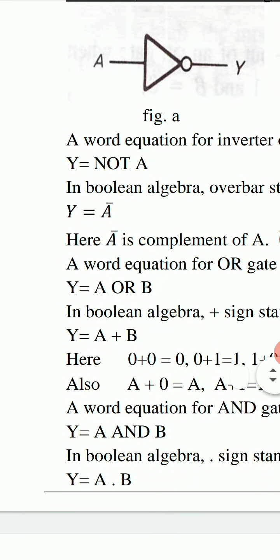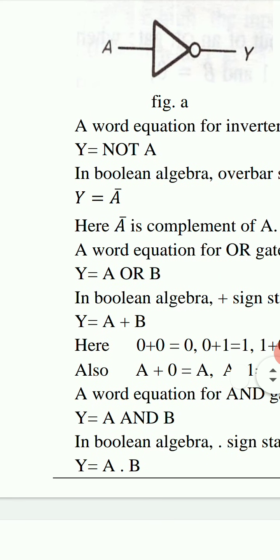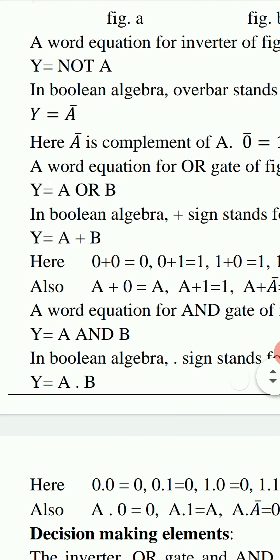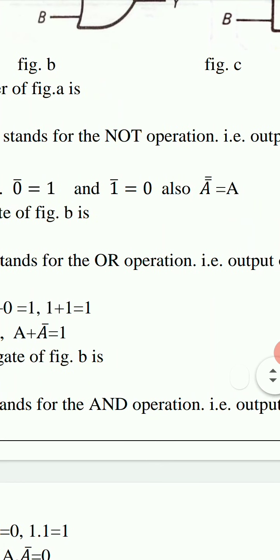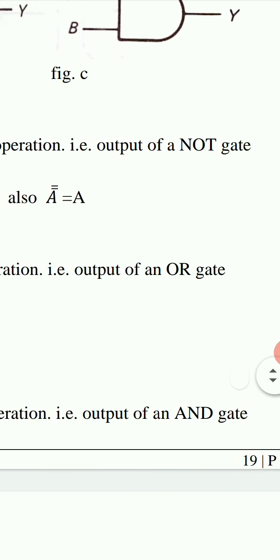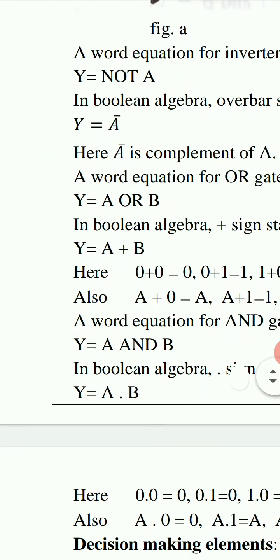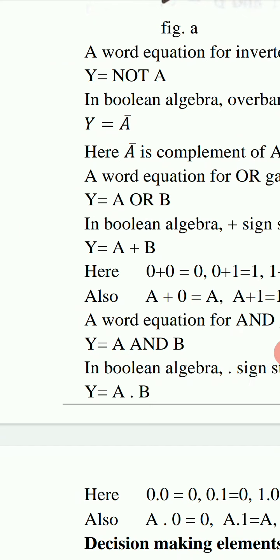We write the output of this NOT gate as Y equal to NOT A. In Boolean algebra, over bar stands for the NOT operation. That is, output of a NOT gate in Boolean algebra is written as Y equal to A bar.